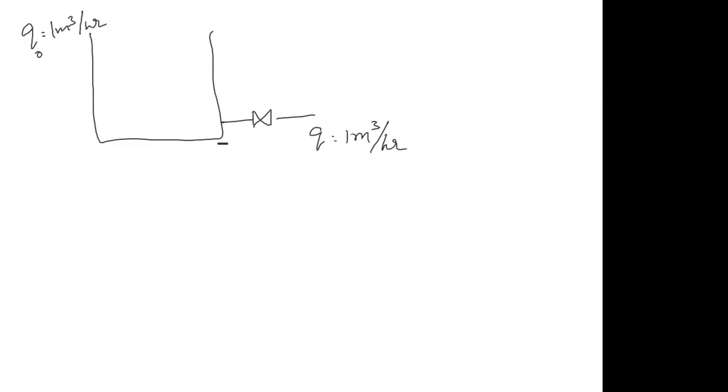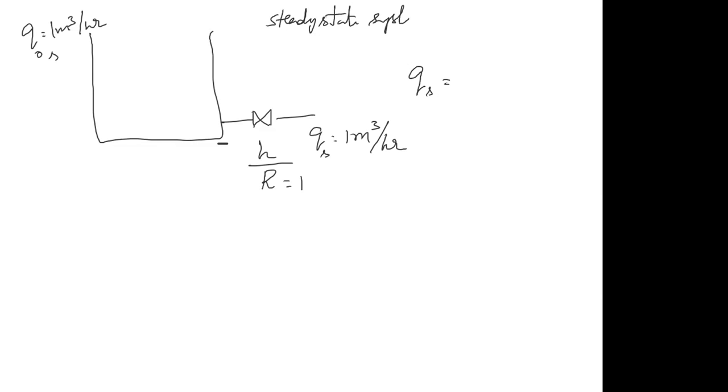Now the relation is H by R. Assume that R equals 1. Then what is my steady state height? At steady state, Qs is equal to Q naught of S. This is what I'm talking about, a steady state system.